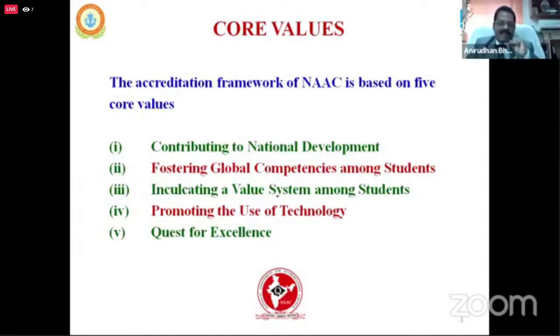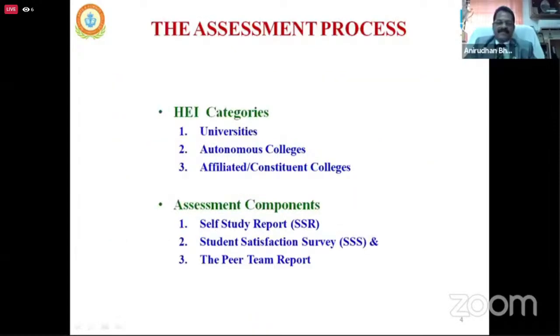And promoting use of technology. Of course, now technology is not like what we have seen 2 years back. We have seen a tremendous change, a paradigm shift or a U-turn in the use of technology, especially as far as the teachers are concerned. And definitely quest for excellence.